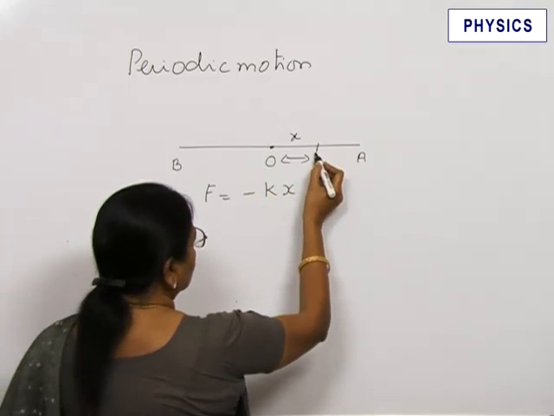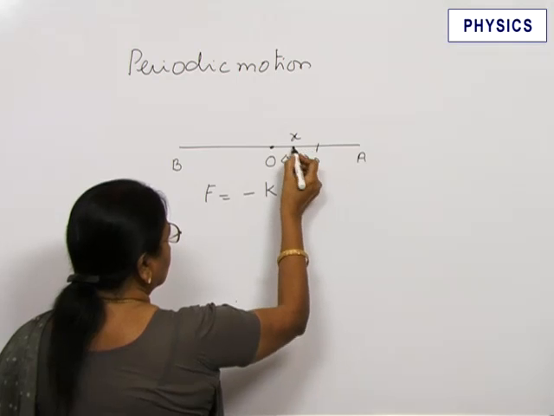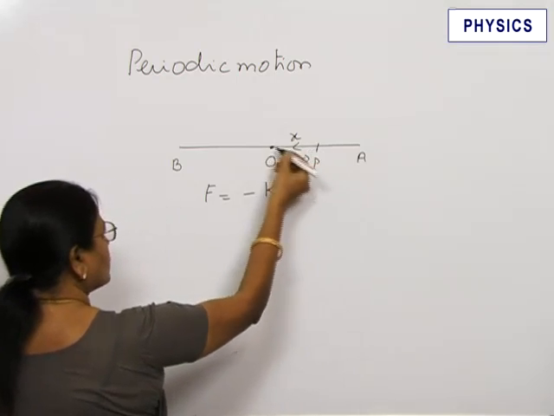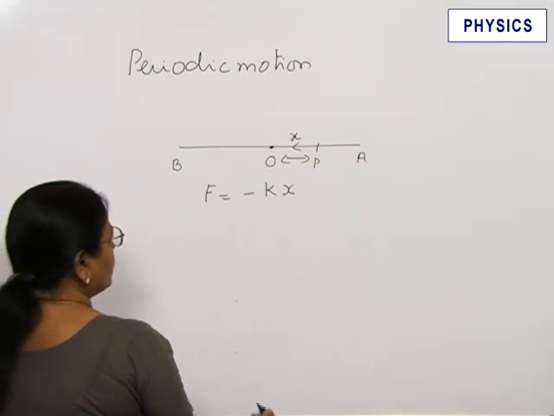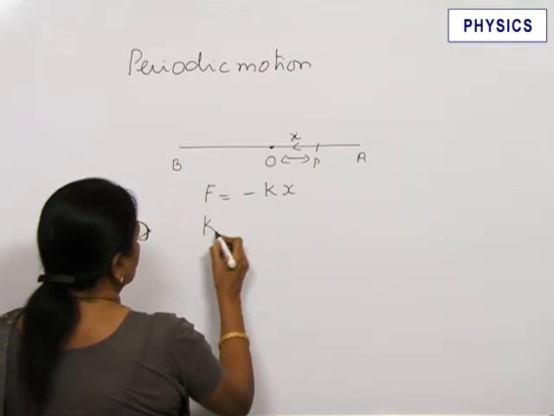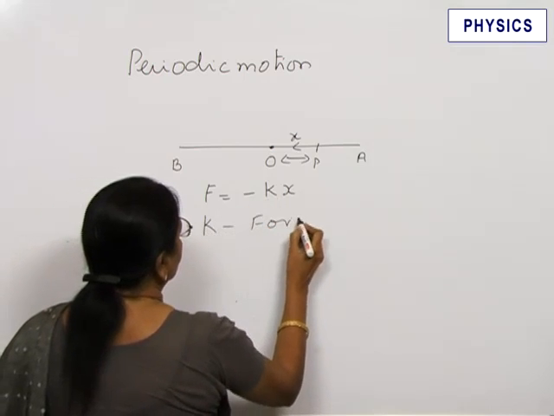The force is always directed towards the mean position. This is the proportionality constant. K is called the force constant.